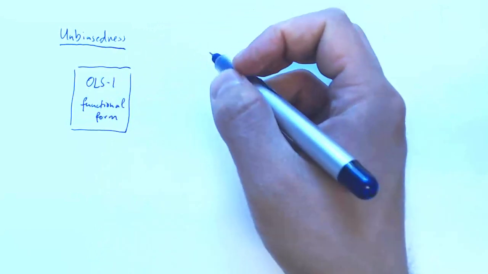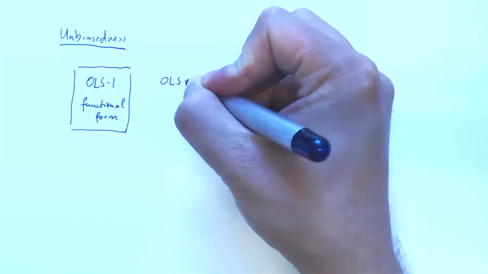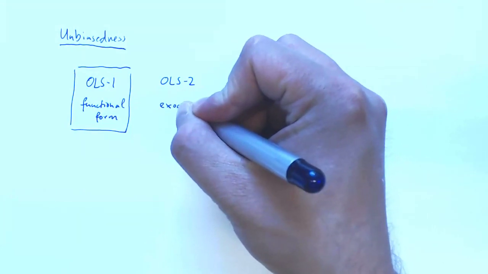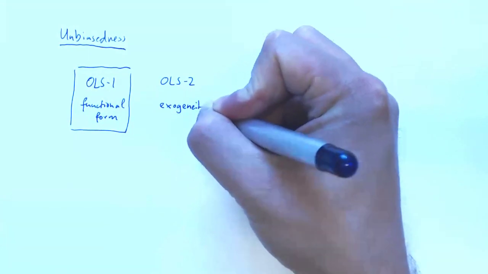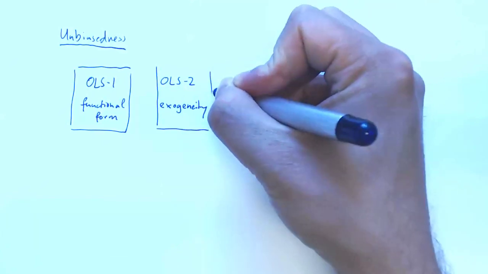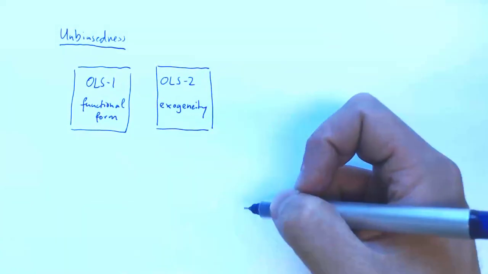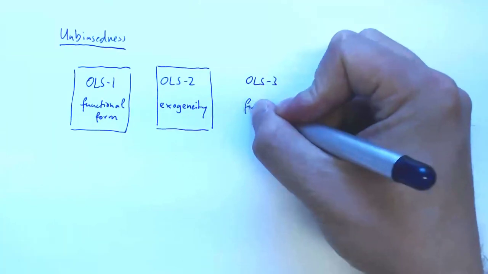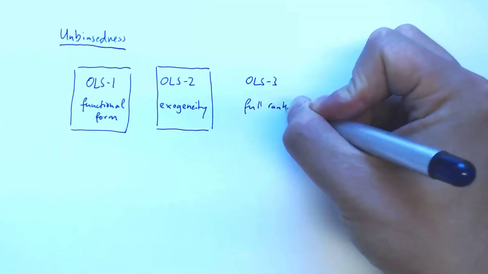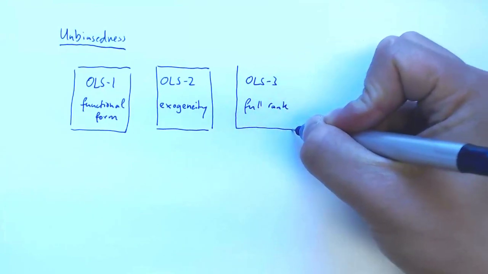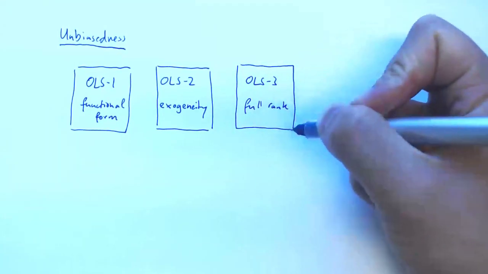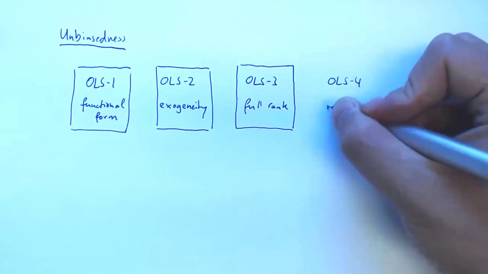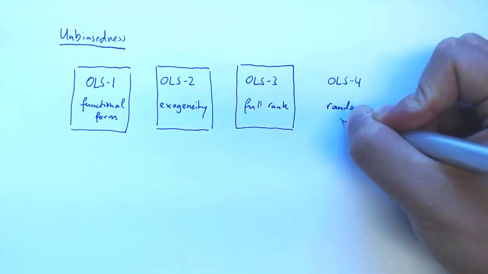We need our assumption OLS2, that was our exogeneity assumption. We need our assumption OLS3, that was our full rank assumption. And we need our assumption OLS4, and that is the random sampling assumption.